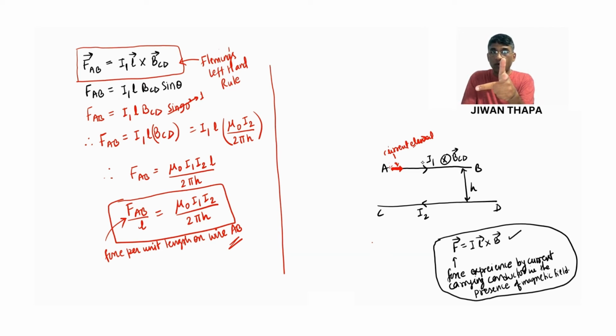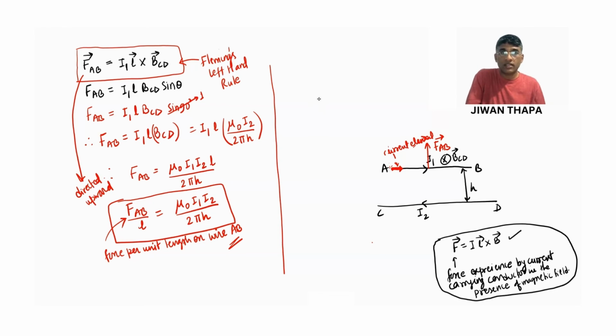So force on wire AB acts in the upward direction. So using Fleming's left hand rule, force on wire AB is in the vertically upward direction.